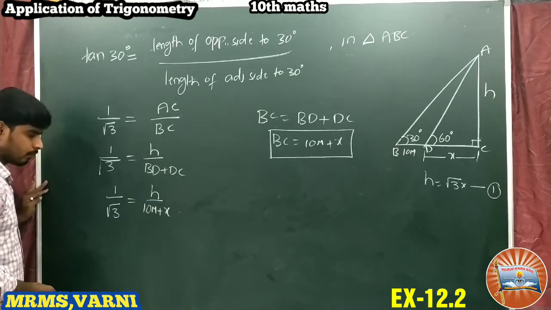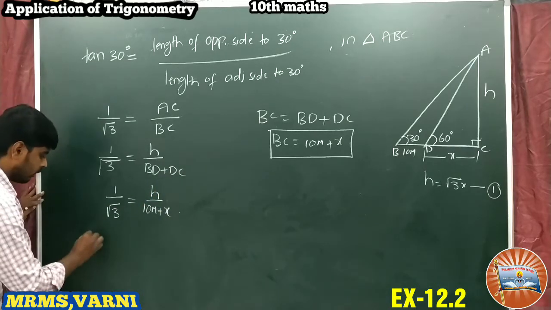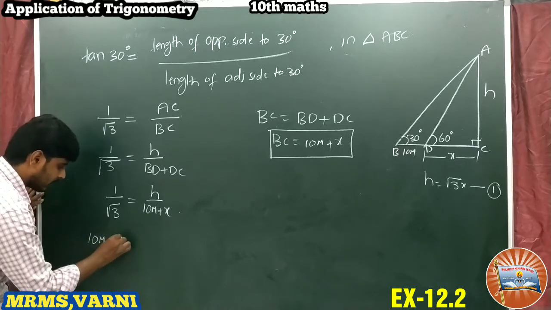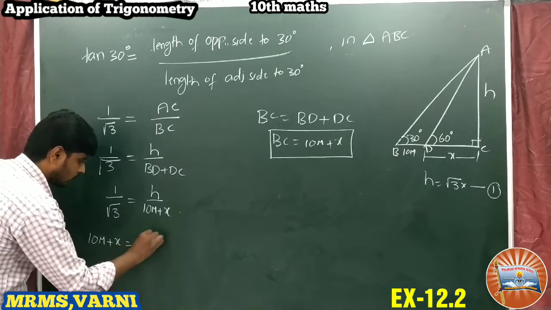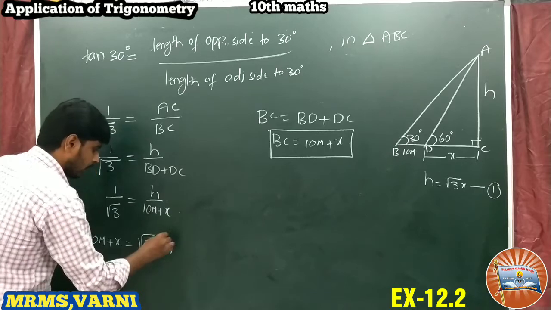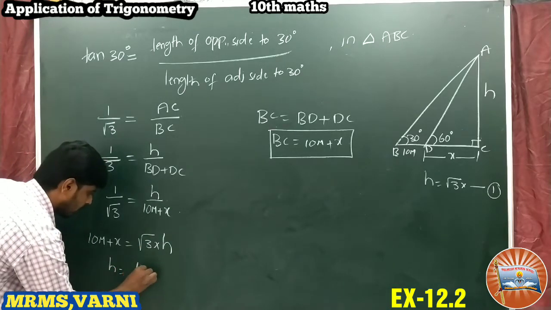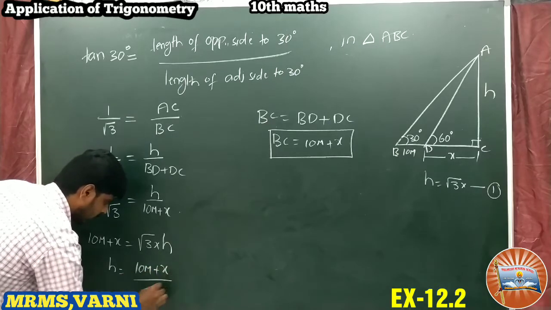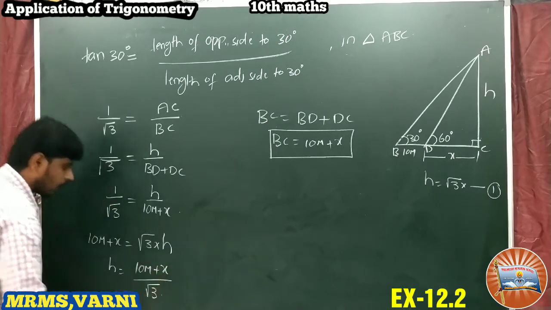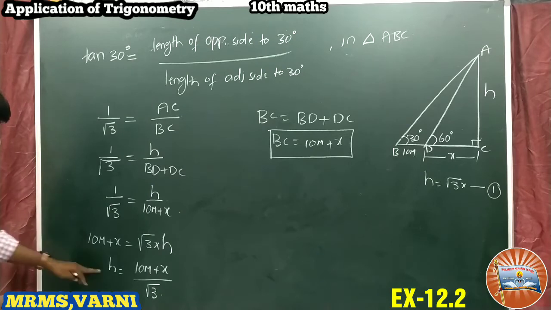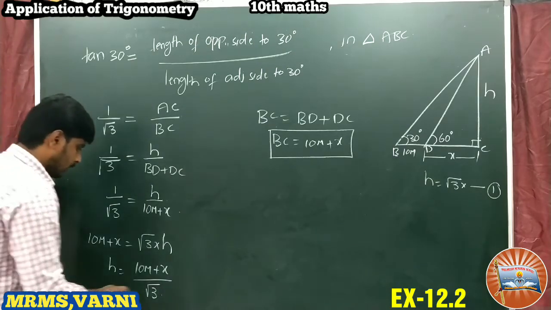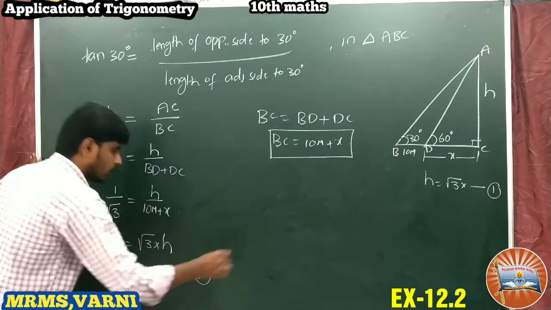Is it clear? Take the cross multiplication. 10 meter plus x is equals to root 3 into h. Right, h is equals to 10 meter plus x by root 3. Is it clear?